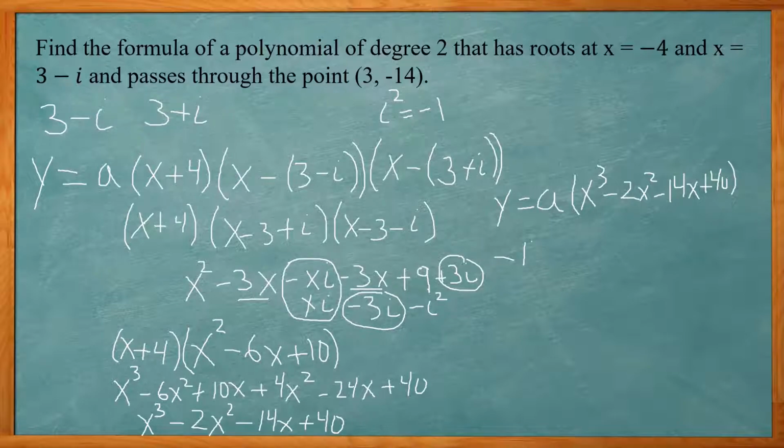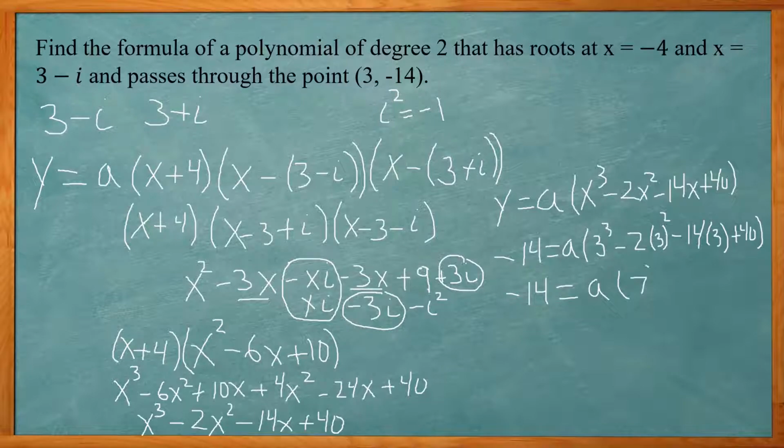So negative 14 equals a times 3 to the third power minus 2 times 3 to the second minus 14 times 3 plus 40. Alright, so if we do the math there, you get negative 14 equals a times 7. Then you need to divide both sides by 7 and end up with a equaling negative 2.